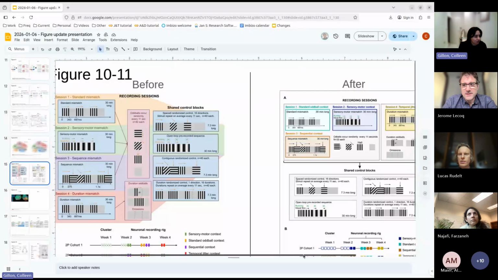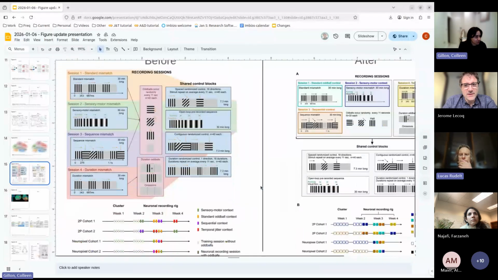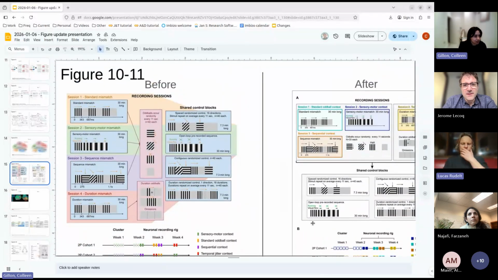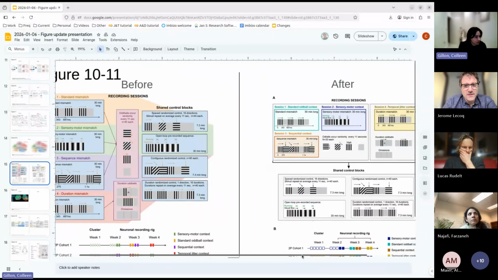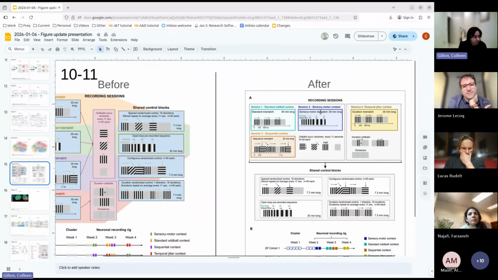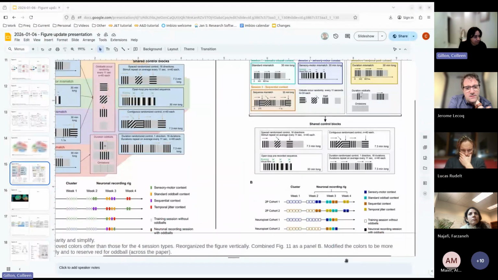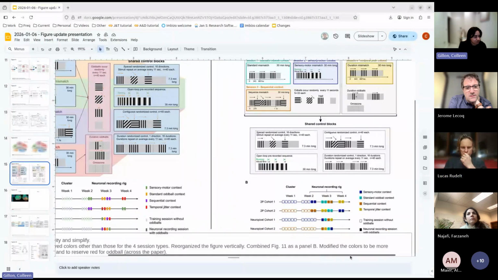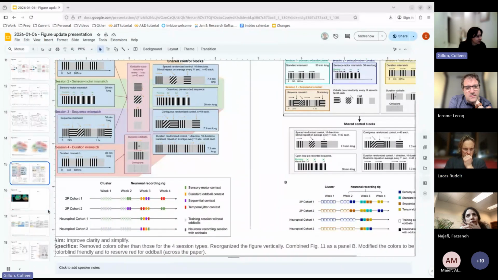Okay. All right, I will go through quickly. This figure was just reorganized, and some of the excess colors were removed. We have the 3 types of sessions that share one oddball type, and then the other type that shares another oddball type, and then our shared control blocks. So I think this has helped quite a bit with the organization.